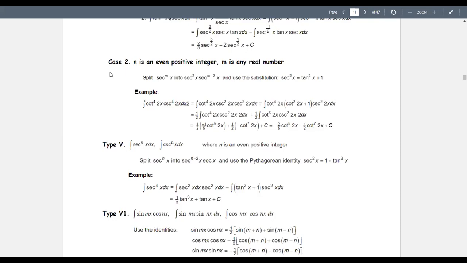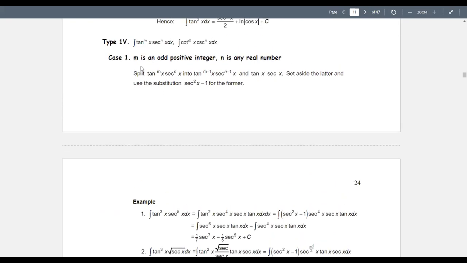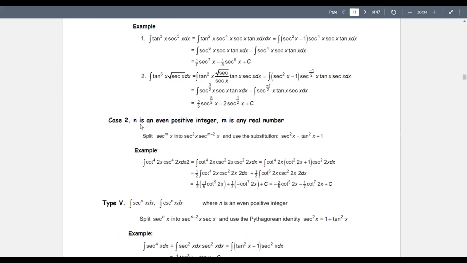Case 2 is the exact opposite of case 1. We interchange the scenario. This time, your m will be any real number and your n will be an even positive number. However, in the first one, m is an odd positive integer. In here, n is any positive even integer.